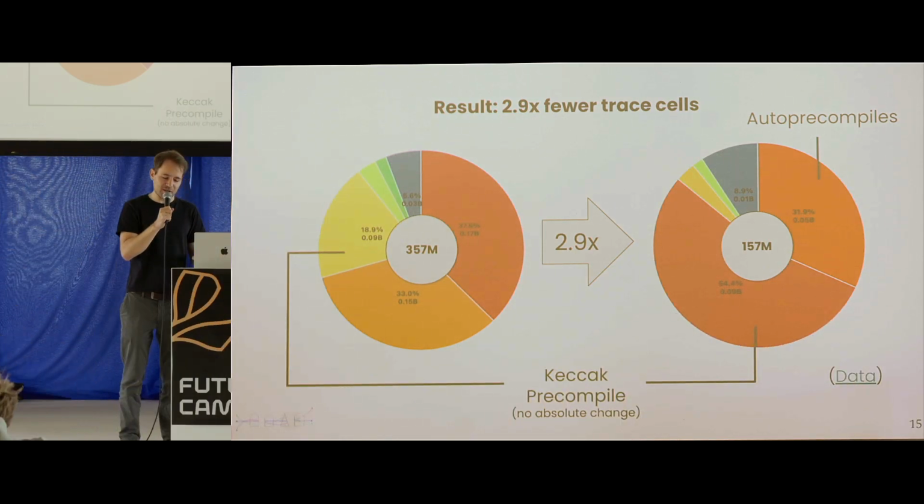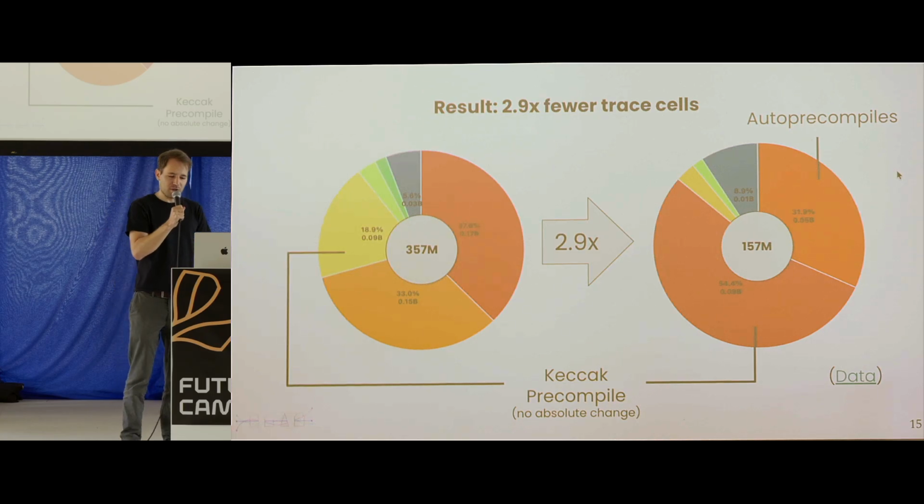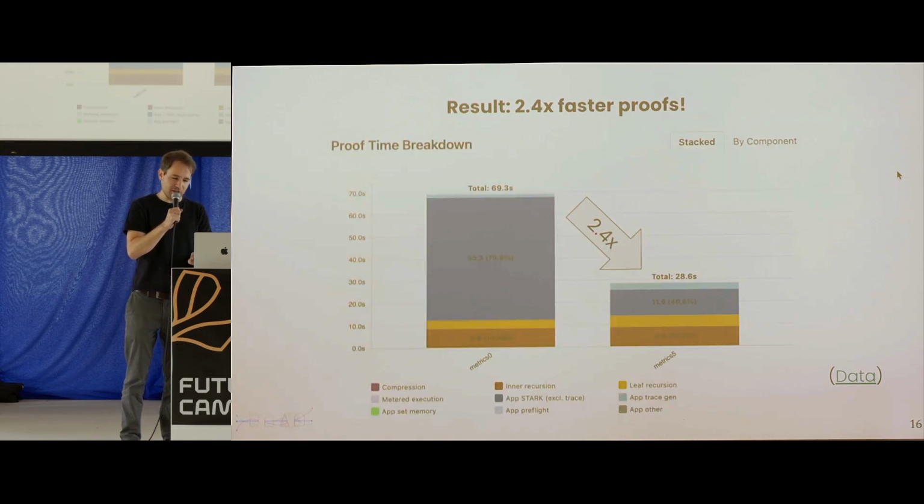And you can see that a bit over 30% of the prover work goes into the auto precompiles that we added, and then there are a few smaller chips left.